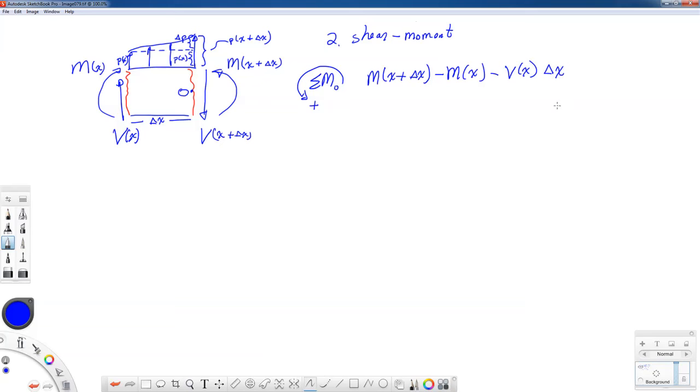Now I also have a contribution to the moment from the distributed load, we will see that that drops out, but we're going to put this in here for now. Acting in the negative sense of rotation, I have the statically equivalent force from the constant portion of the distributed load times its moment arm distance.